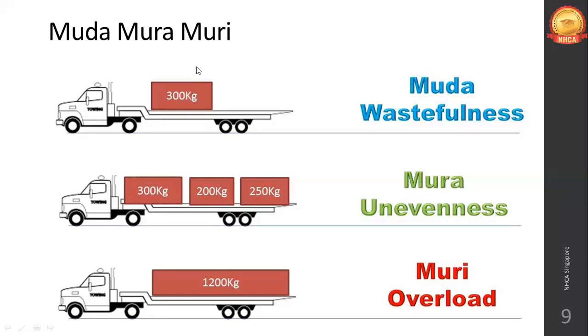Mura means unevenness. For example, some staff are working for just 5 hours a day. Other staff are working for 8 hours a day. The way you have planned the rotational duty shifts, it is uneven. Everyone does not have the same kind of task, even at the same job description, at the same job level.